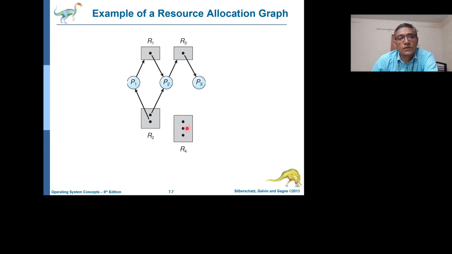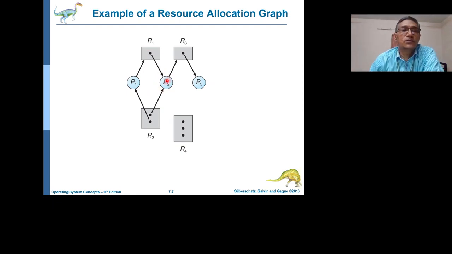R4 has 3 dots, which means the number of copies of R4 available is 3. Now, with respect to the terminology in the previous slide, from R2 to P1 there is an edge, which means P1 is already holding one instance of R2. But P1 is requesting one instance of R1, that is the edge from P1 to R1.